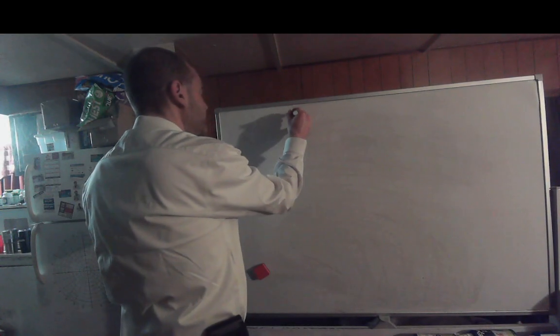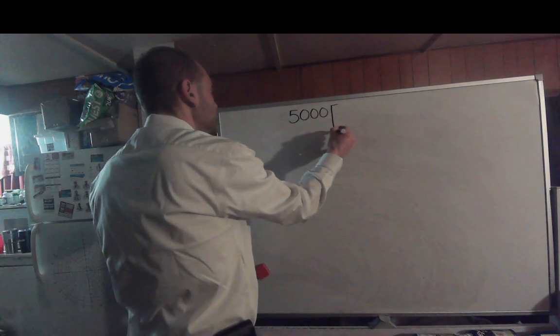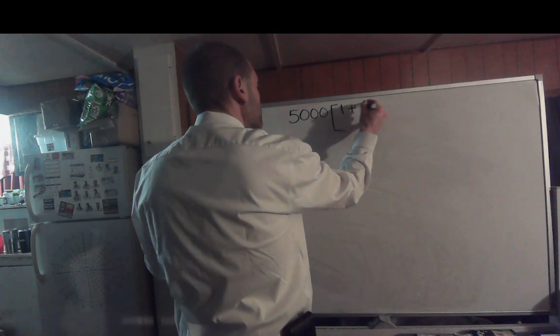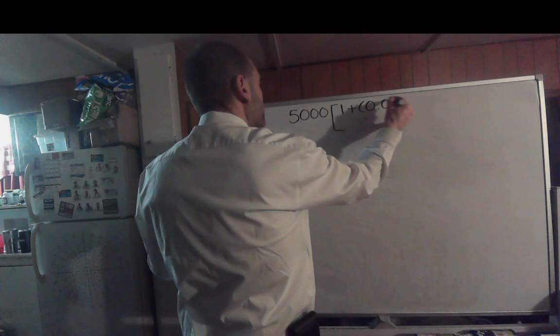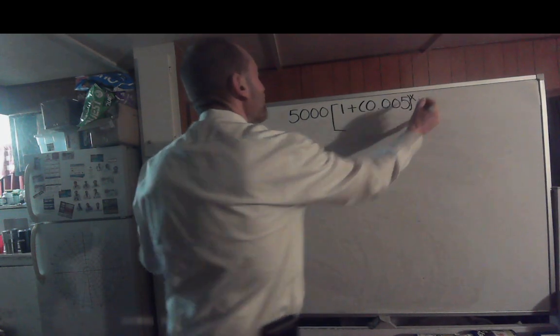So we have 5,000 times 1 plus the quantity of 0.005 raised to the x power.